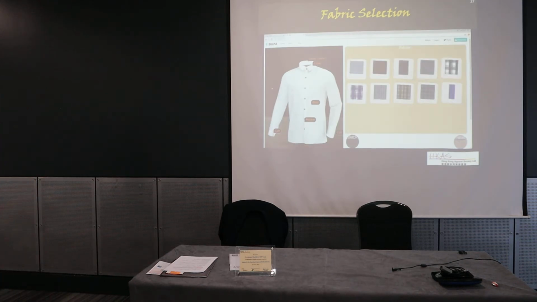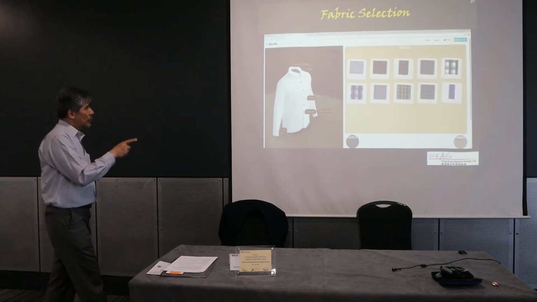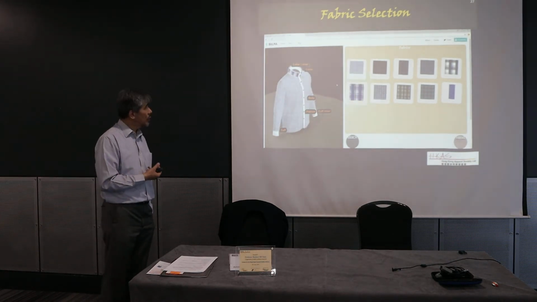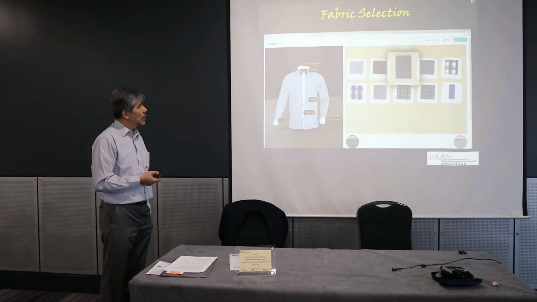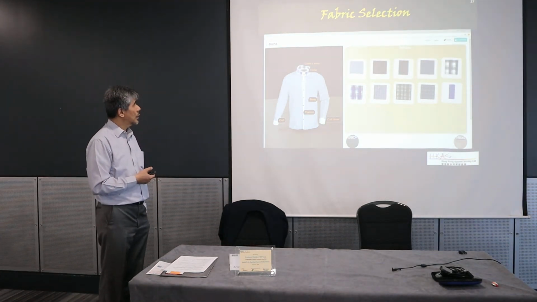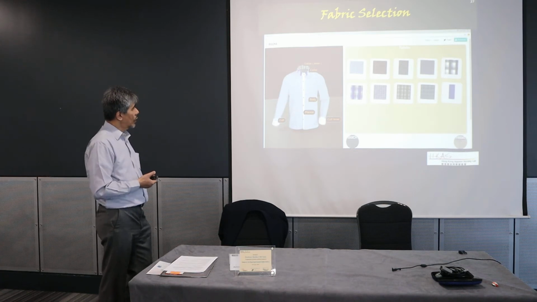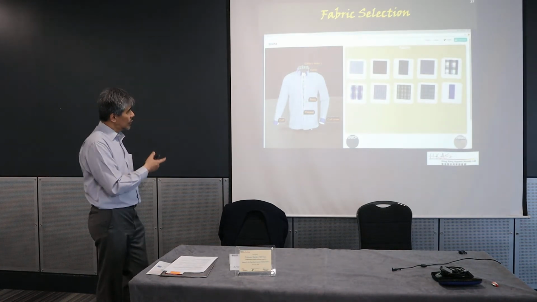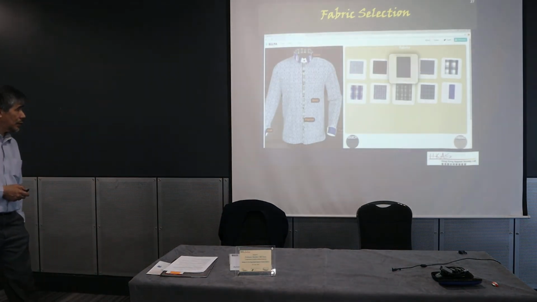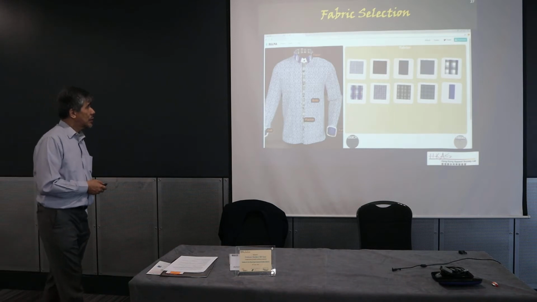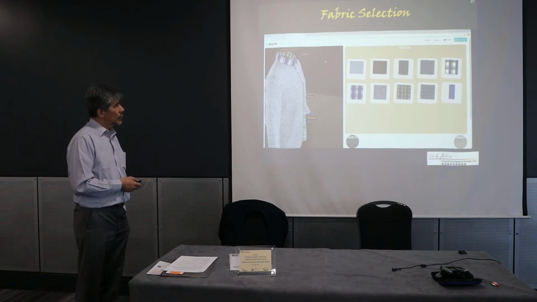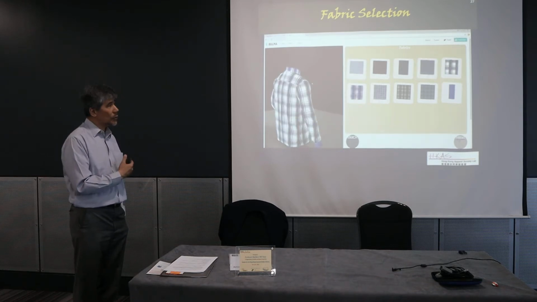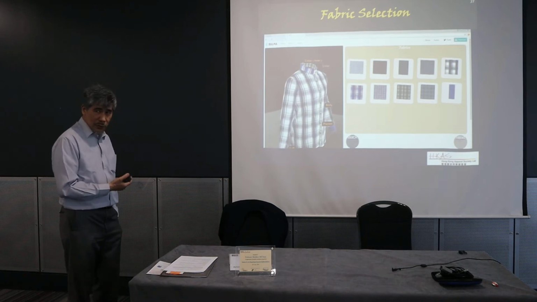So this is a shirt, right? And then with different components in there. And then you can select the fabric for the front piece, and then collar, and then inner collar, and the cuff. And this is the lacquer. So this is a personalized shirt for the individual.